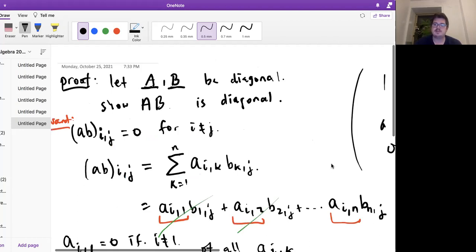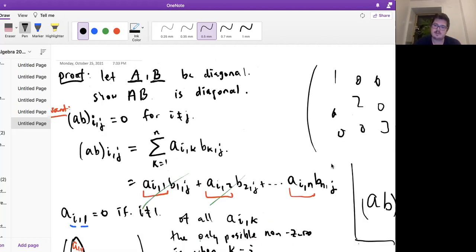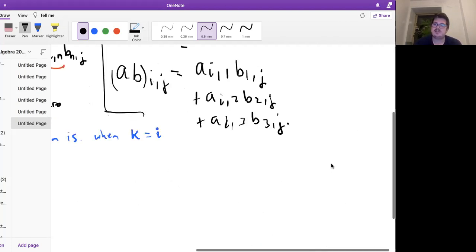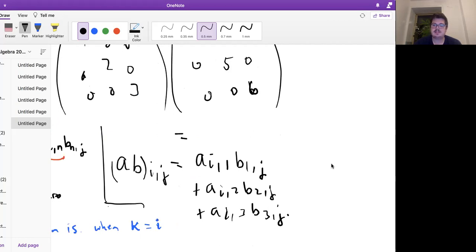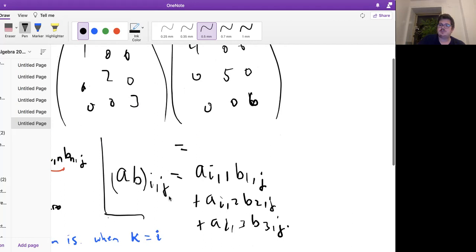All right, sorry. Does that make sense for a 3 by 3? That's the formula for a 3 by 3. The ijth entry in the product is this sum. So if I'm only looking at the a terms, and think about i, there's only one term that survives, right?